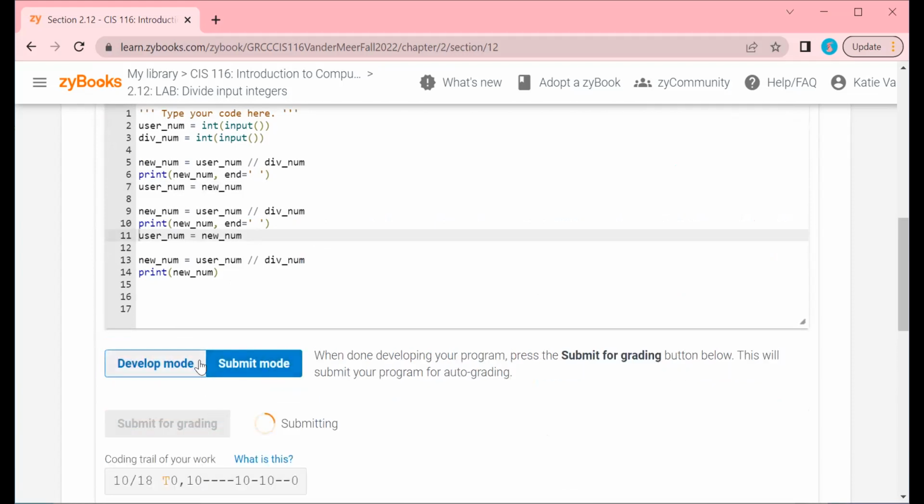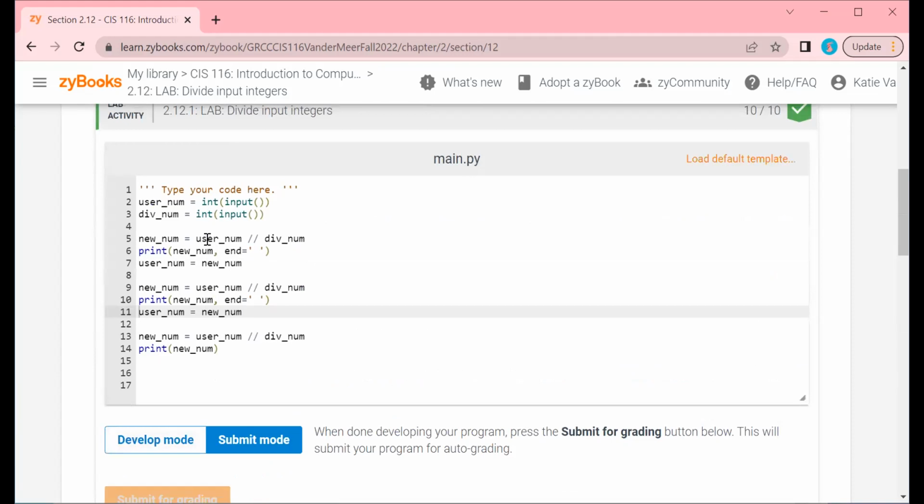Now let me show you the difference. You could code it like this, and that works. And then let me pull up the other one, and you could code it like the first way I showed you. So whatever logically makes more sense to you.